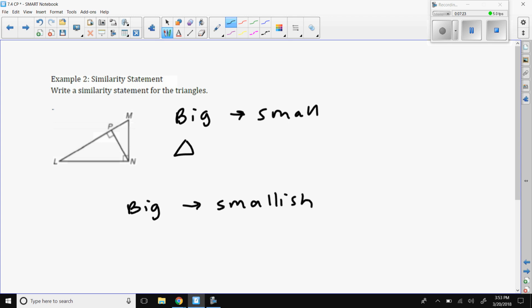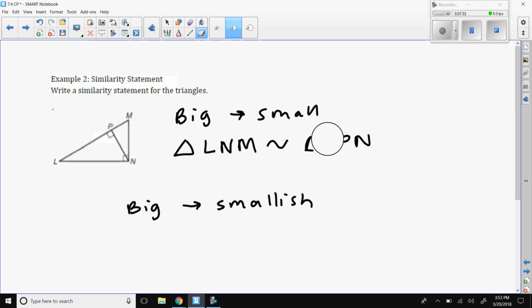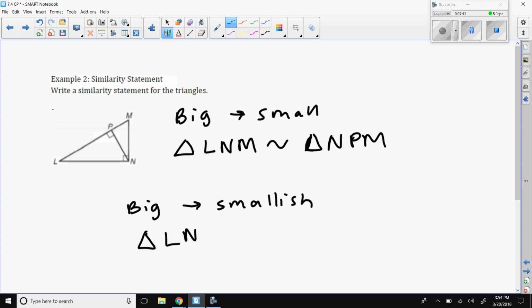So triangle LMN will be similar to triangle LP. Oh, nope, I'm on the wrong one. Triangle NP. Same for this, LMN similar to triangle LPN.